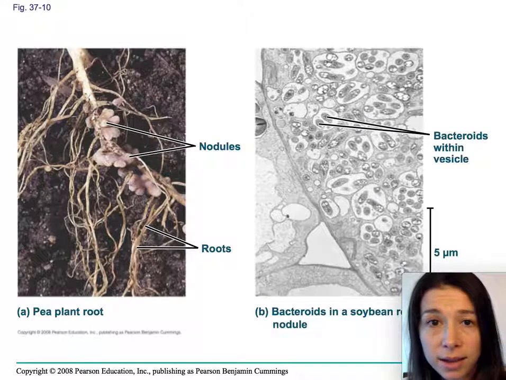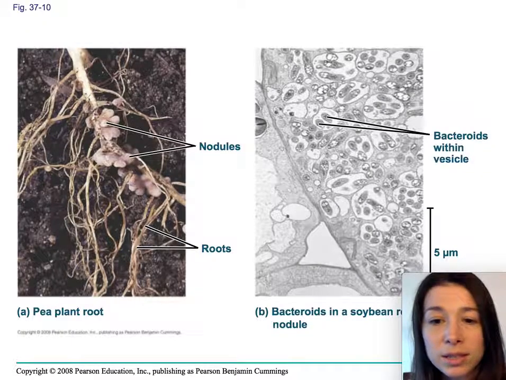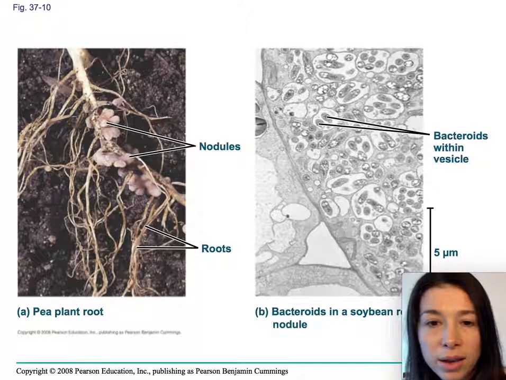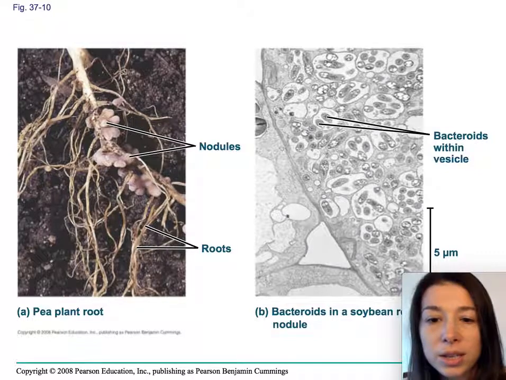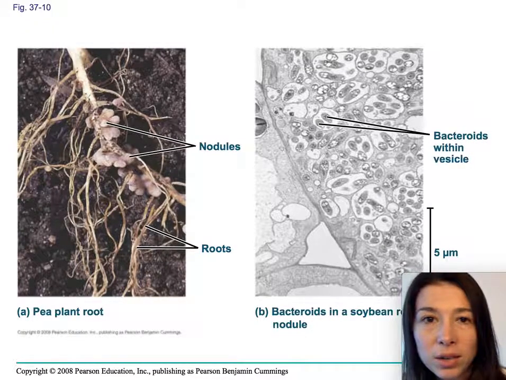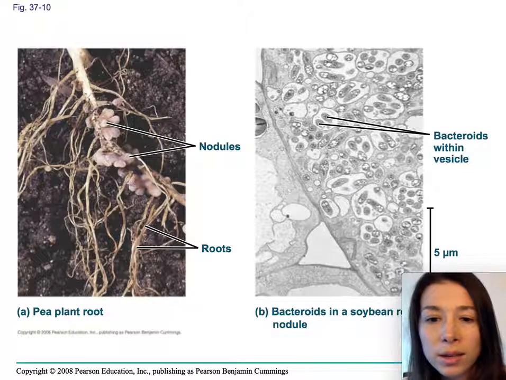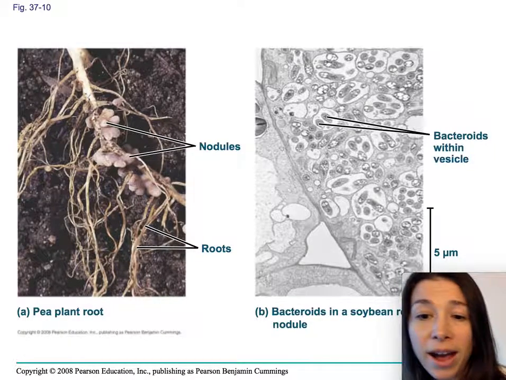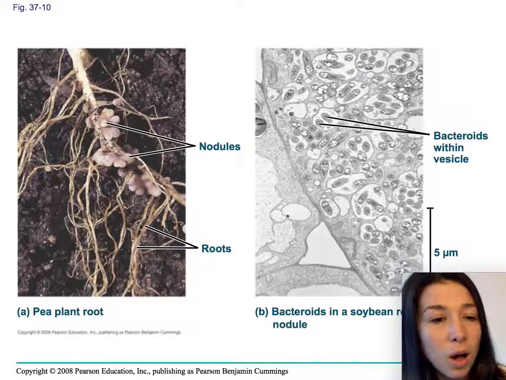It's not scanning, so that's why it doesn't look 3D. We've actually just sliced the root with a knife, and we're looking at that cross section of the root. It's difficult to interpret these pictures unless you're used to looking at them, but suffice it to say that they're showing you that there's a bacteria cell and it's within the confines of the root of the plant. So these bacteria are actually inside the cell wall of the plant.